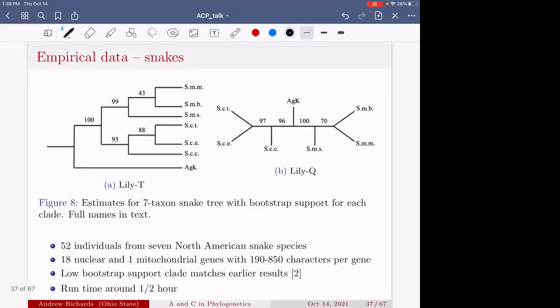We also ran these methods on some empirical data. One is a 7-taxon data set of snake species, 52 individuals from different snake species, with both nuclear and mitochondrial genes. We were able to do this in under half an hour, so even with a lot of data, it ran fairly quickly, and our inference matched other methods.